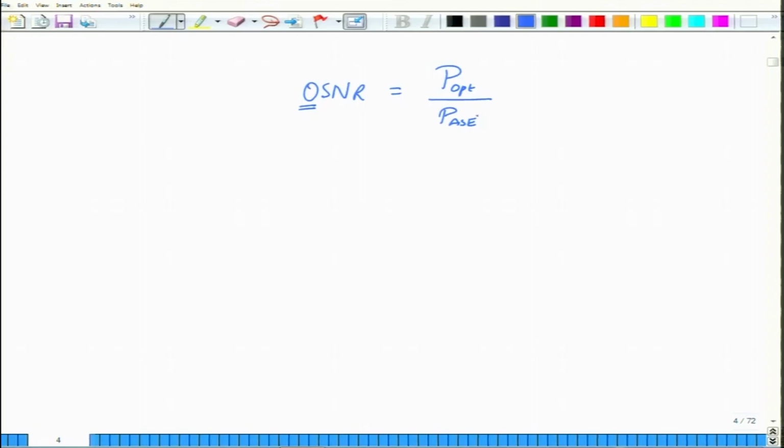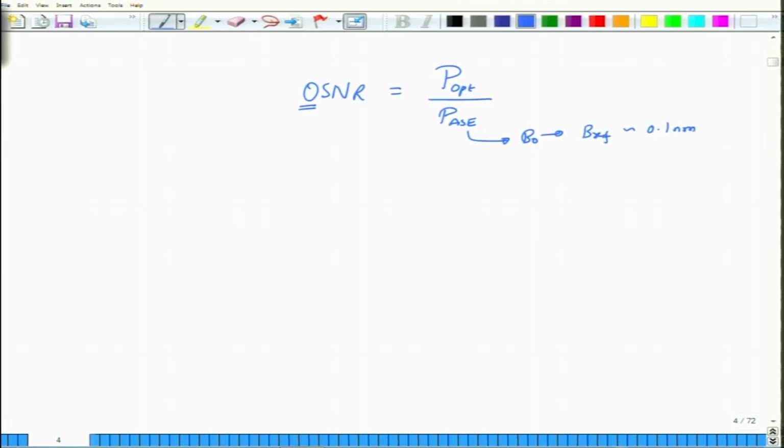Now, you might ask, what about this bandwidth that we are going to take? You are right, if I start increasing the bandwidth, the total noise power starts to increase and the OSNR starts to decrease. However, this optical bandwidth is taken to be some reference bandwidth corresponding to 0.1 nanometer.